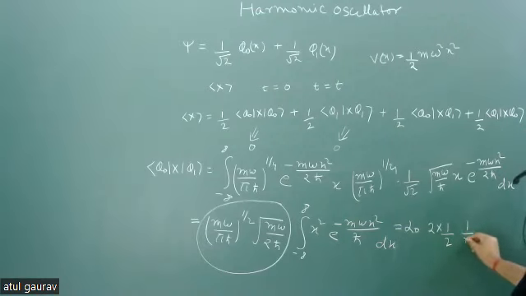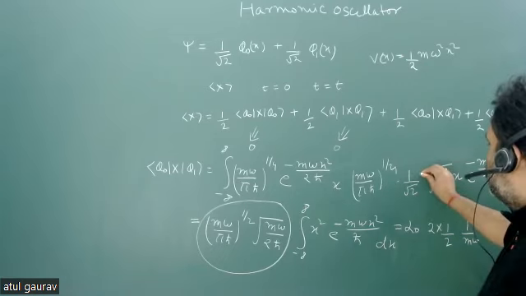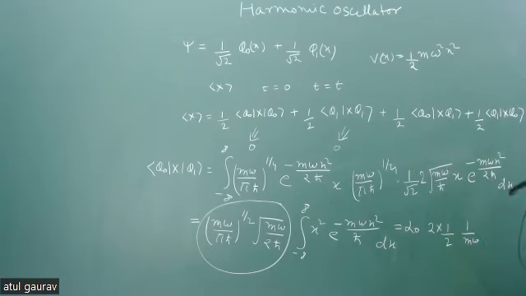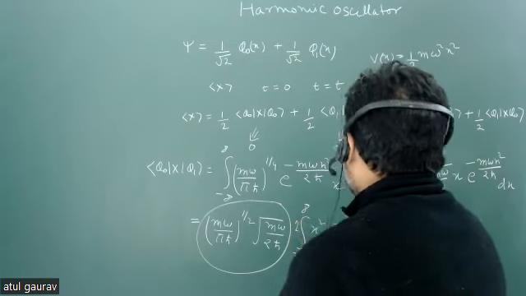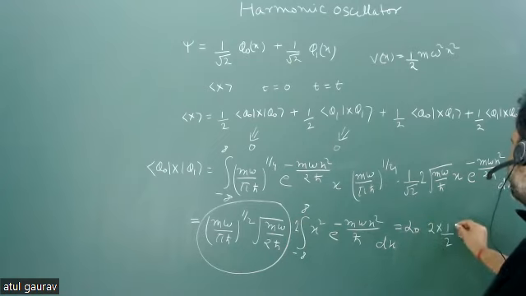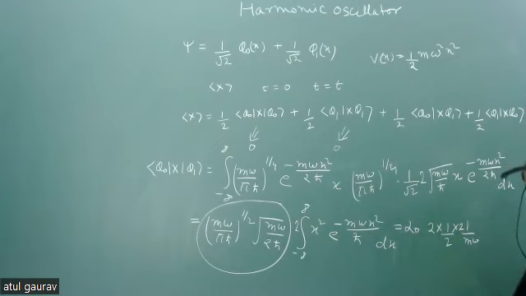Sir, in the psi 1 that you wrote, there will also be a factor of 2, right? Okay, yes. So that 2 is also there. Okay, so we will take the 2 outside as well, right? Yes, 2 xi. H1 is equal to 2x. Yes. Okay. So that value is equal to.